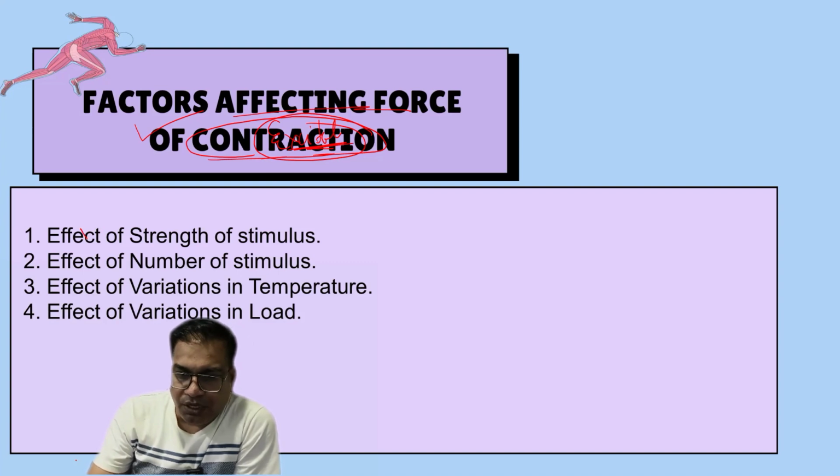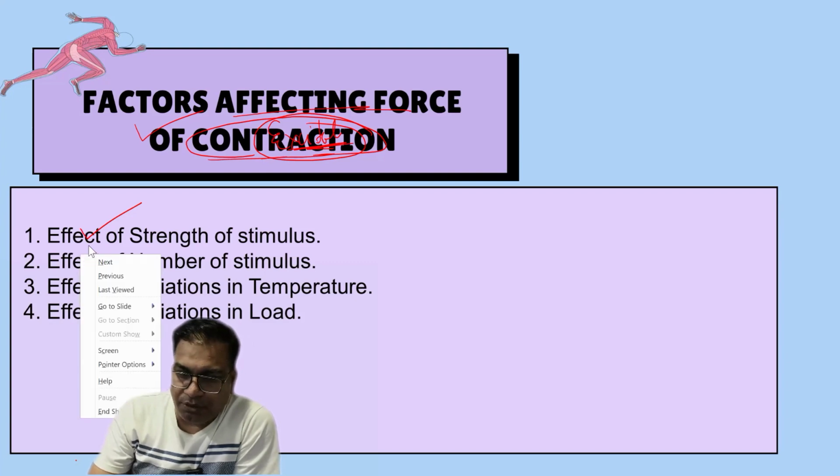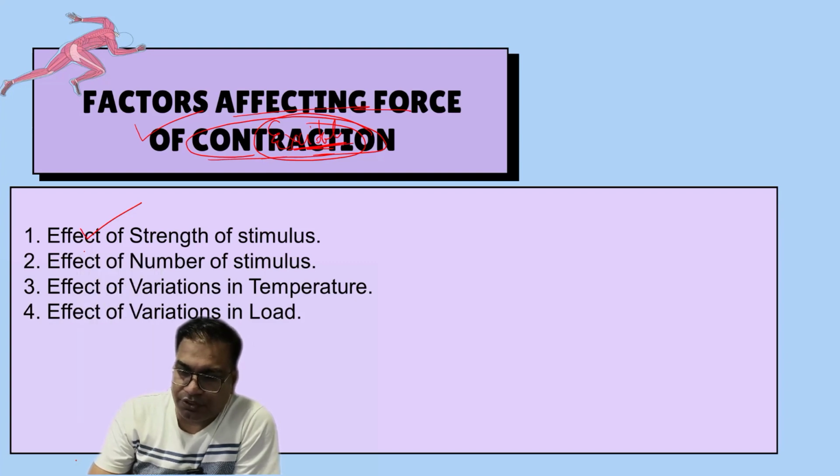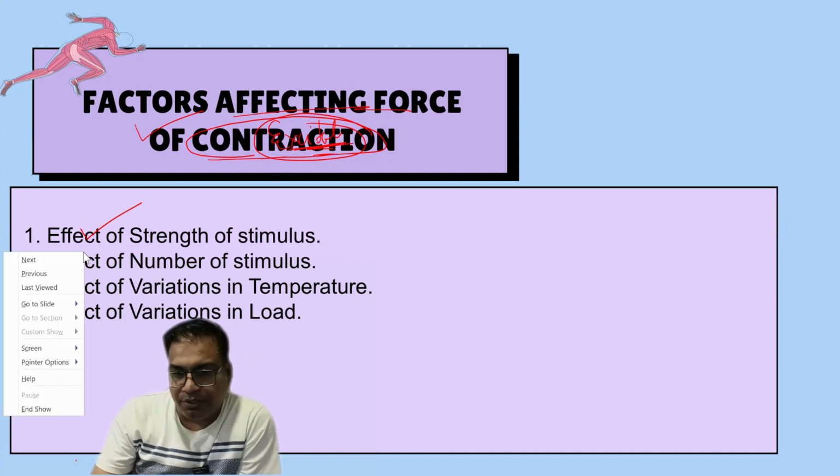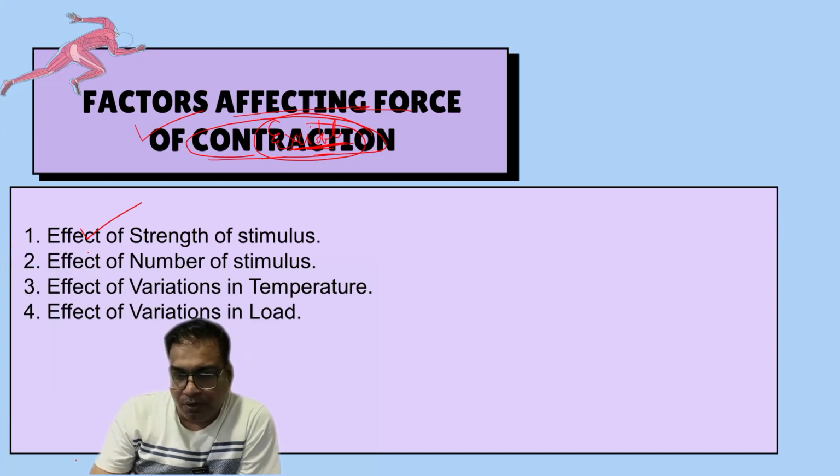The first one is the effect of strength or intensity of stimulus. In previous slides, we studied the various intensities of stimulus like submaximal, maximal, supramaximal. The second effect is of the number of stimuli.